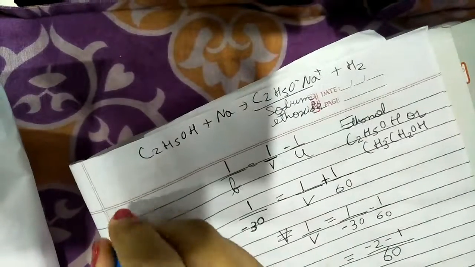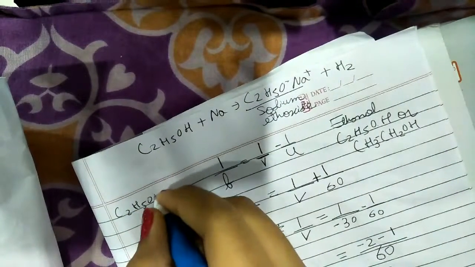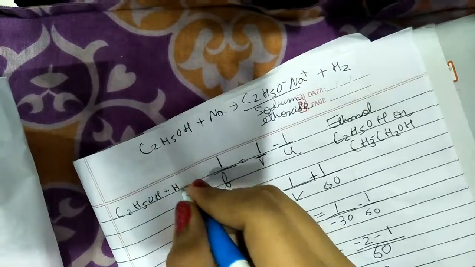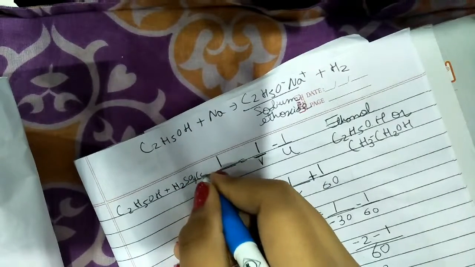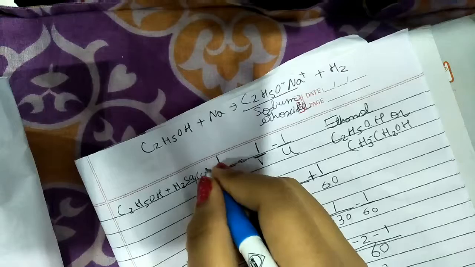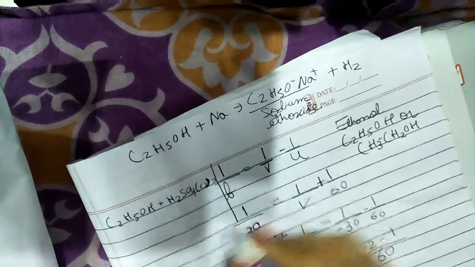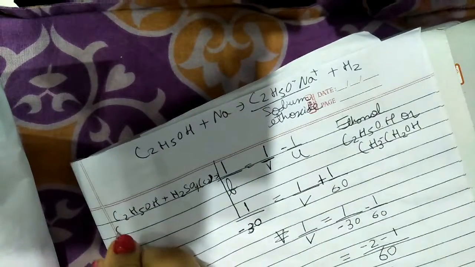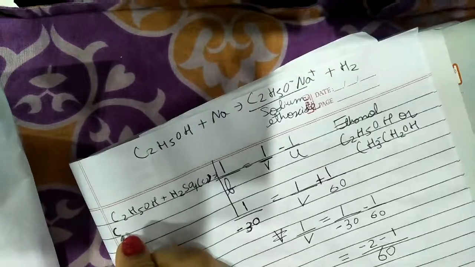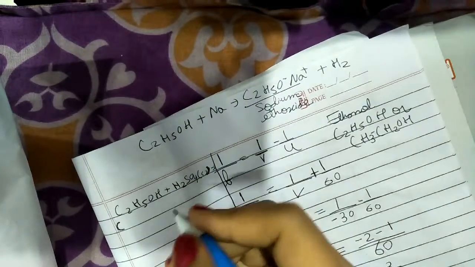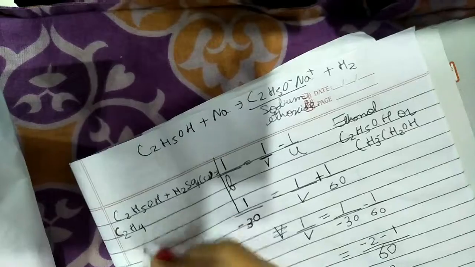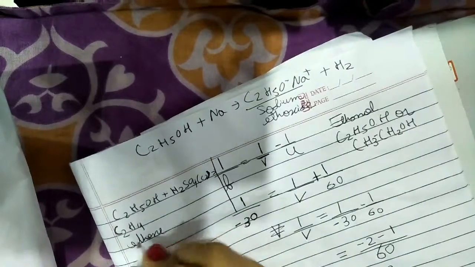So C2H5OH plus H2SO4, which is concentrated, reacts to give ethene. So ethene's formula is C2H4. This is ethene.